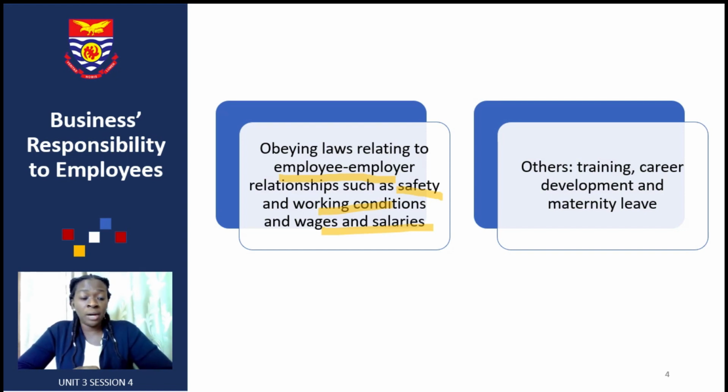The working conditions should be safe, sound, and conducive enough for them to work in. Their wages and salaries should be decent. It shouldn't be below the minimum wage levels.